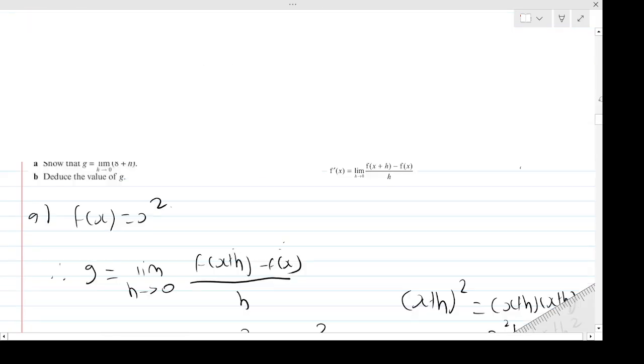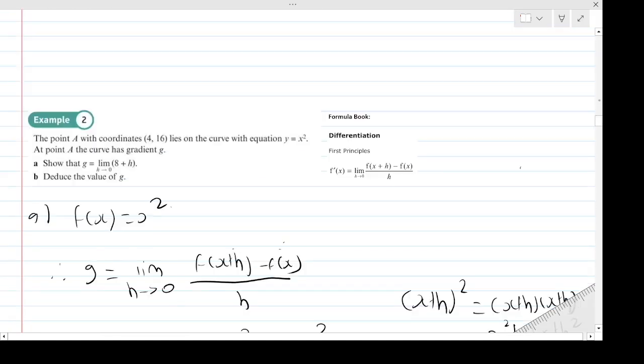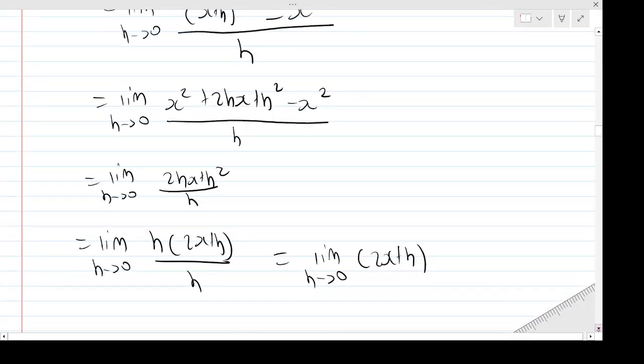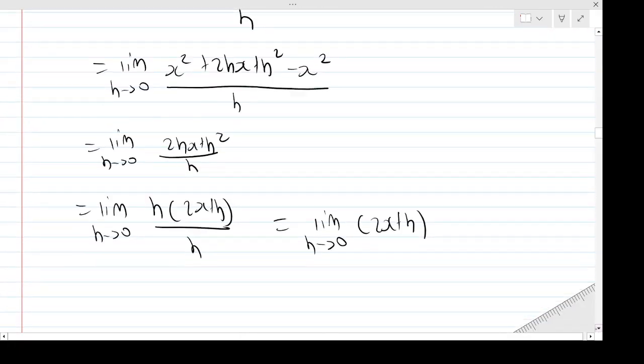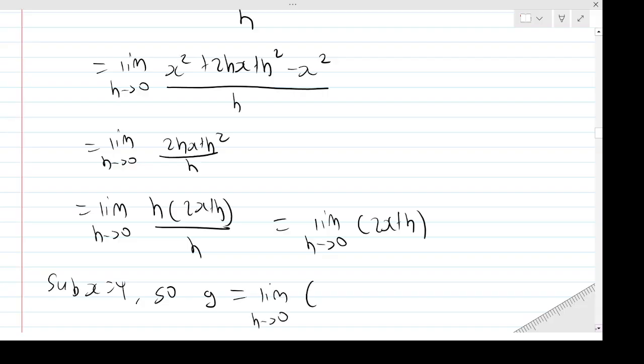Well, that's the gradient at A. A is (4, 16), so x is 4. So I'm going to substitute x equals 4 in here. That means my gradient g is the limit as h tends to 0 of 2 lots of 4 add h.